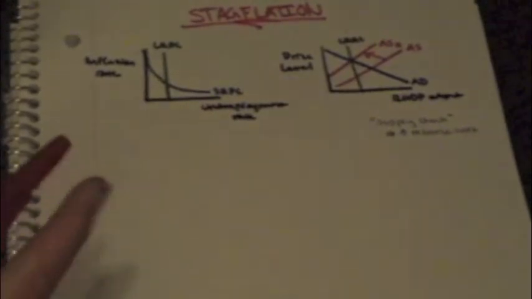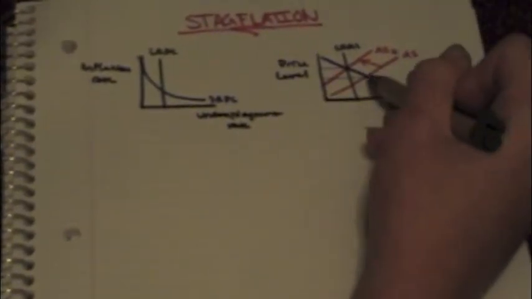So the supply shock means that the AS would have a leftward shift. That leftward shift means that the RGDP output would decrease, but the price levels would increase.